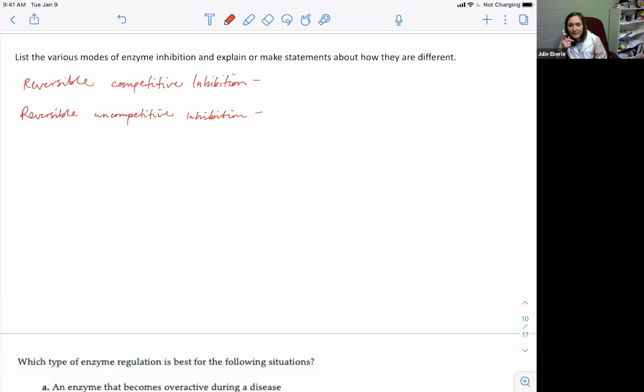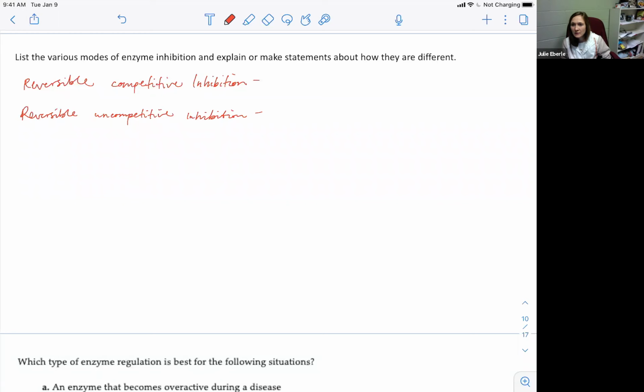In competitive, the inhibitor can bind to the active site. It competes with the true substrate for the active site. So you got two molecules, they can both bind the active site. Whichever one's present in greater amount will be the one that binds to the active site more often. Okay, so that's the competition. Both can bind the active site. Which one's going to bind depends on the concentration.